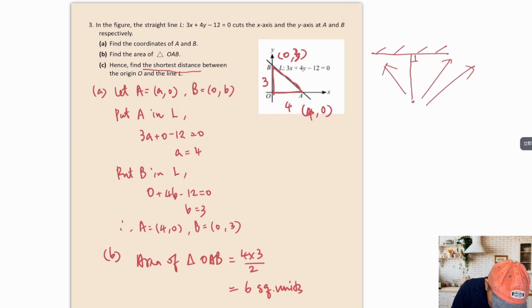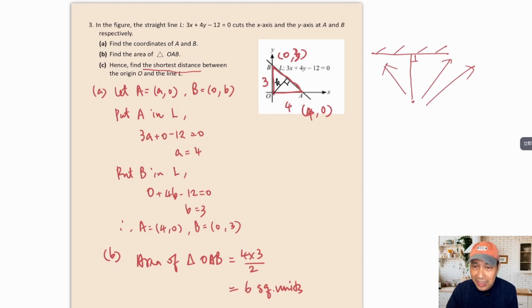So perhaps we draw a perpendicular line. Now suppose that we call the distance K. To find the value of K, so far we don't have a particular formula to find the distance from a point to a line.